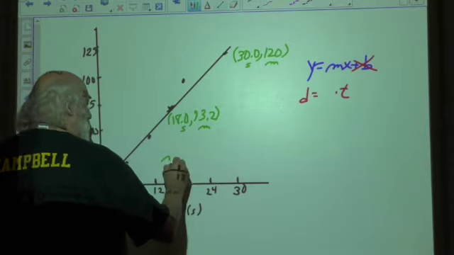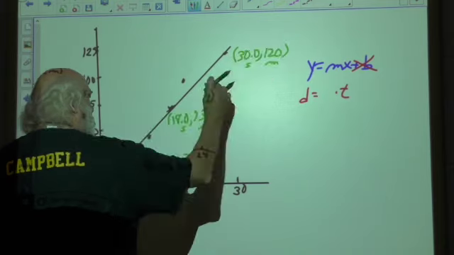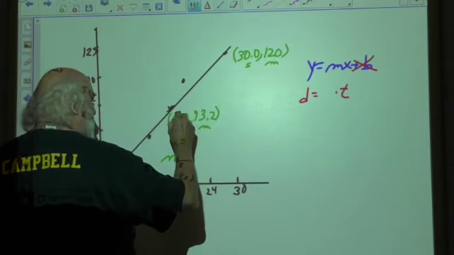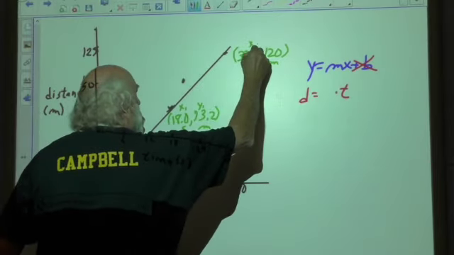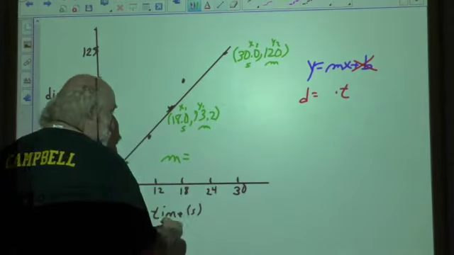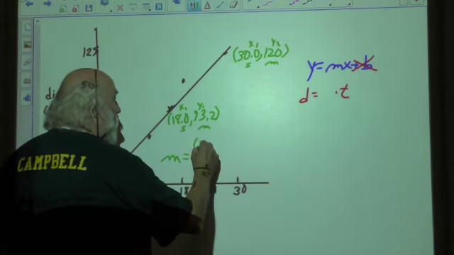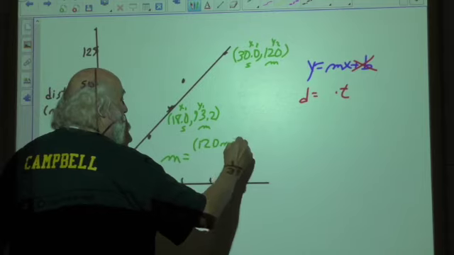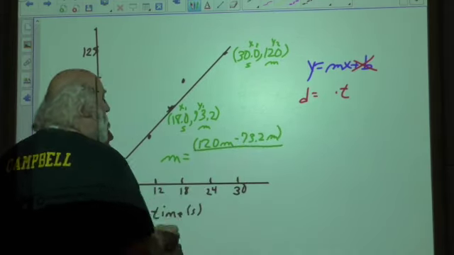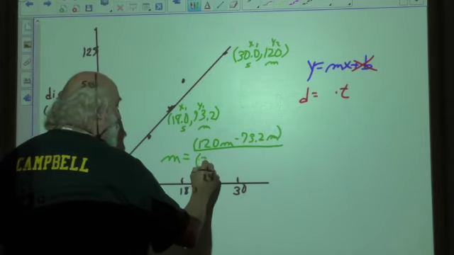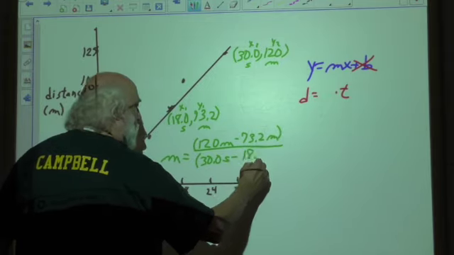So m is going to be, I'll take this is the 2, so this is going to be x1 and y1, and this is x2 and y2. That's how I'm going to treat this here. So this is going to be 120 meters minus 73.2 meters over 30.0 seconds minus 18.0 seconds.